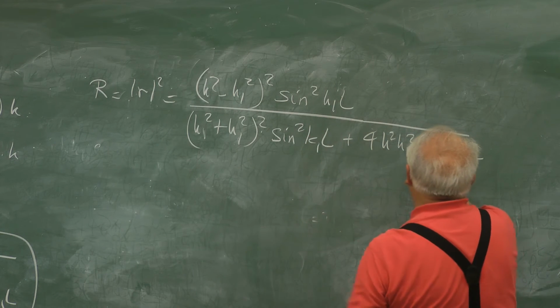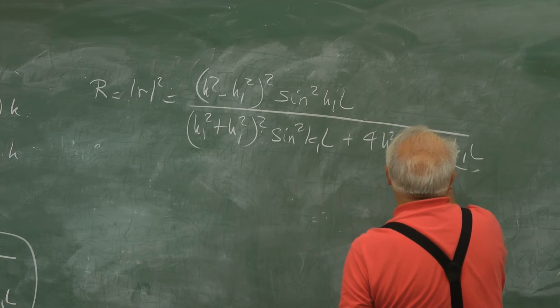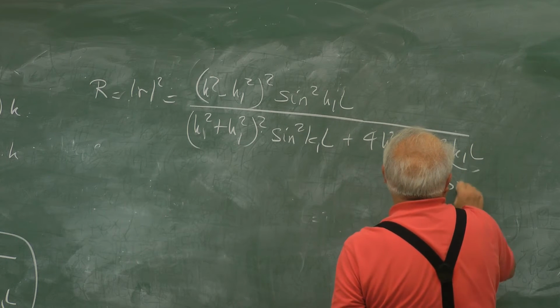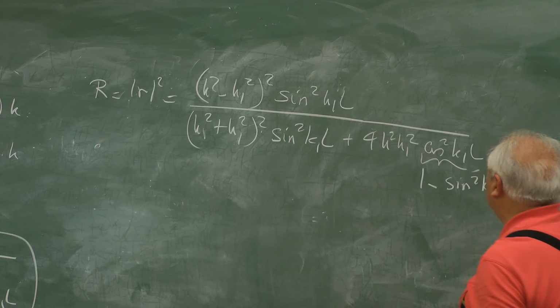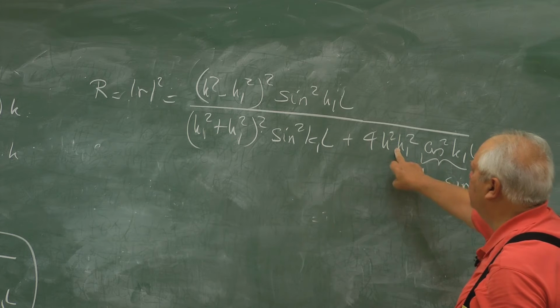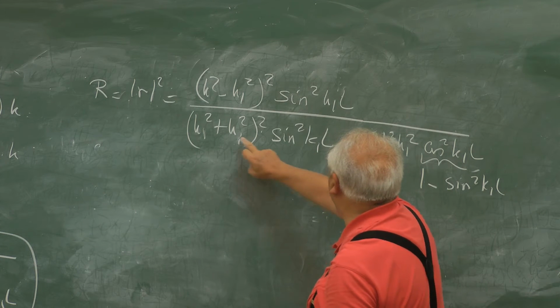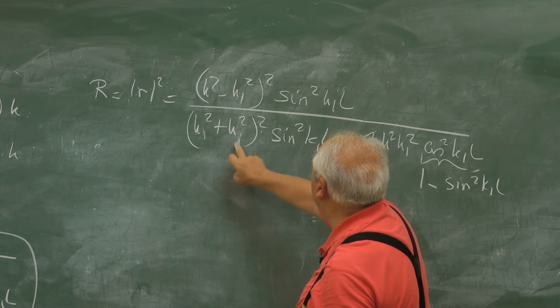Since everyone has a sine square here, let's write cosine square as 1 minus sine square K1L. So it is minus 4. This is plus, so it makes a k square minus k1 square square.